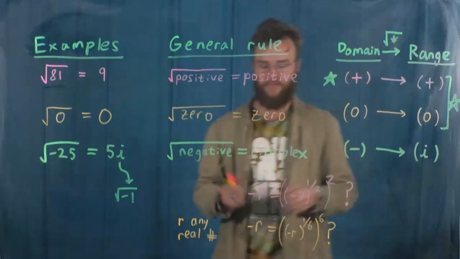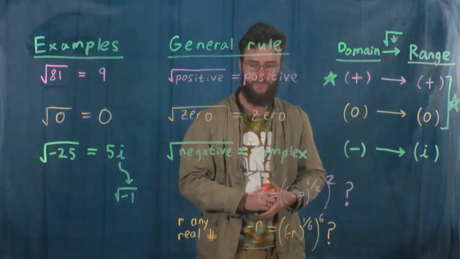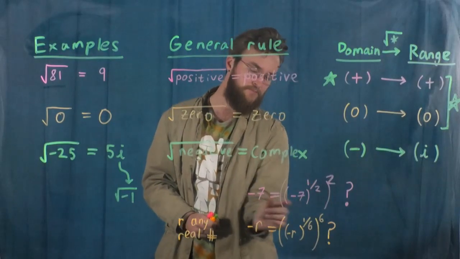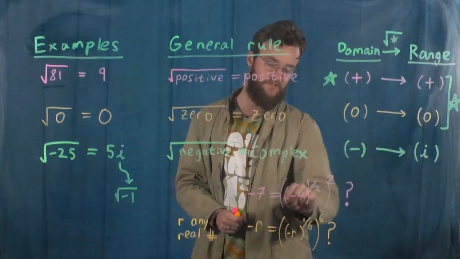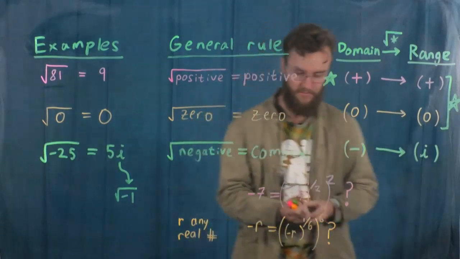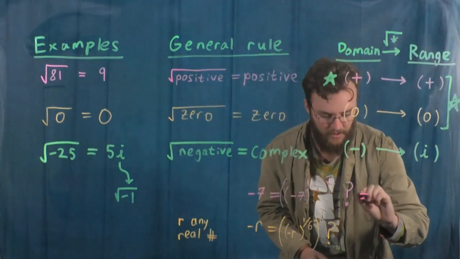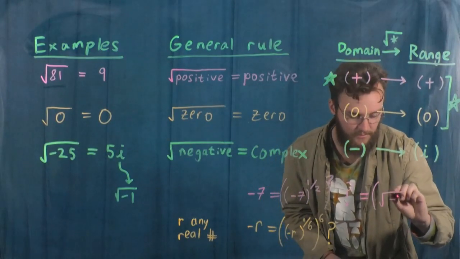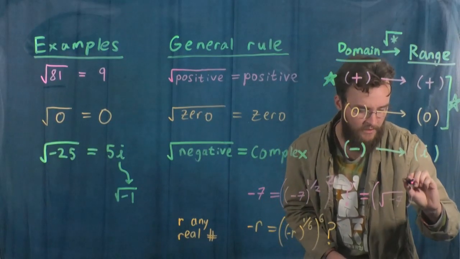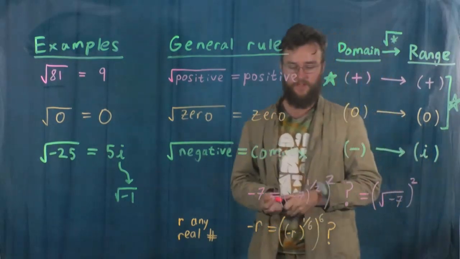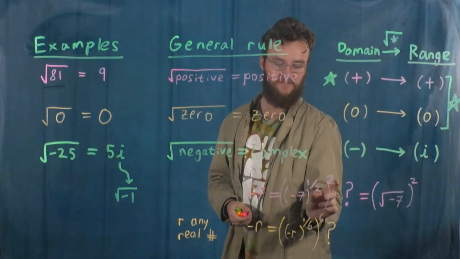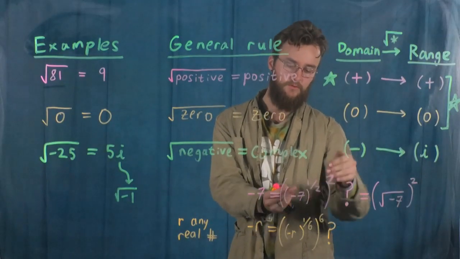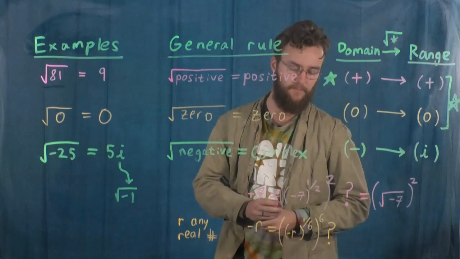And so how does that help with the homework and the exam problems? So you'll see expressions like this where you'll say, for example, -7 is equal to the square root of -7, because let me write this out. Something raised to the 1/2, that's just the same as the square root of it. So square root of -7 raised to the 2. And normally you can just go ahead and cancel these numbers. Like you've been taught that when you have one thing raised to a power again, you combine the powers by multiplying them.